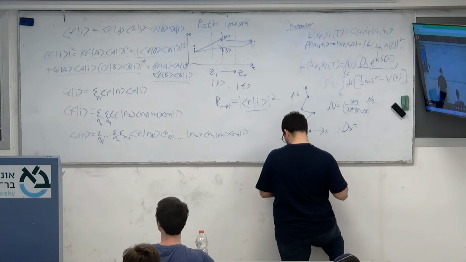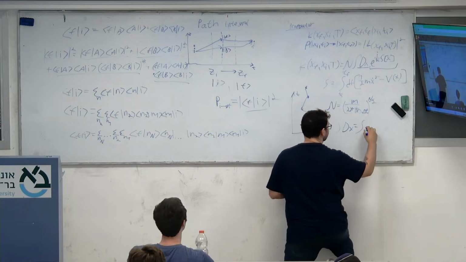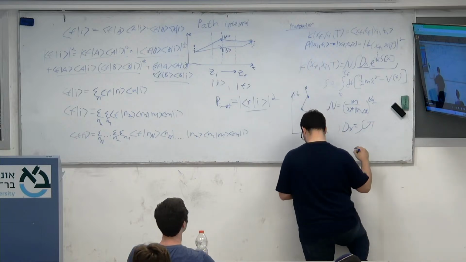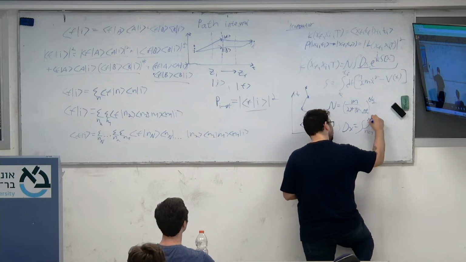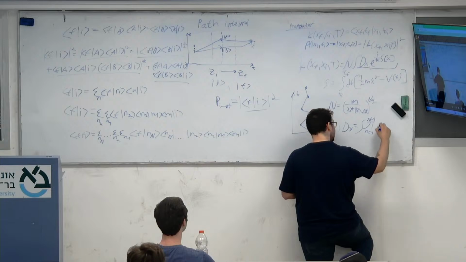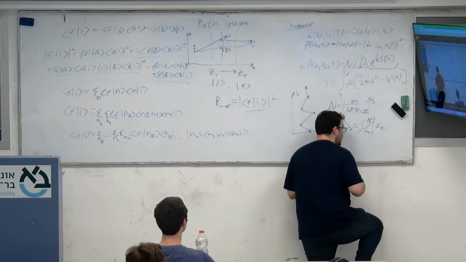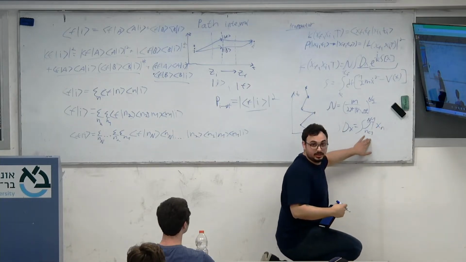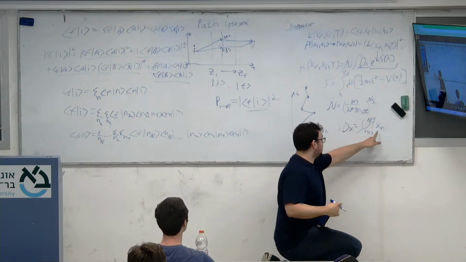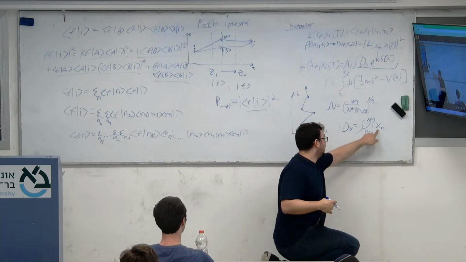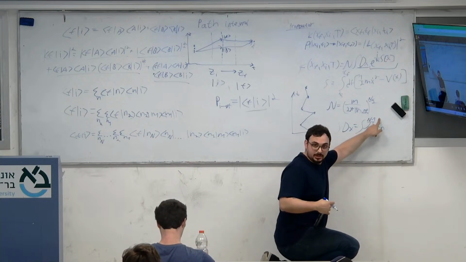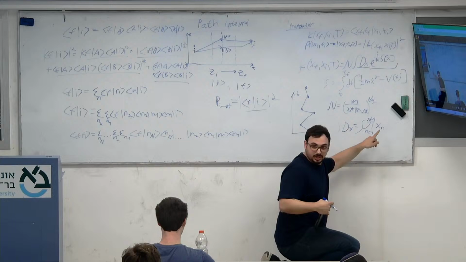D x equals, product over n equals 1 to N minus 1. Notice that it starts at 1 and ends at N minus 1 because x of 0 is our initial location, which we know, and x of N, capital N, is our final location, which we also know.